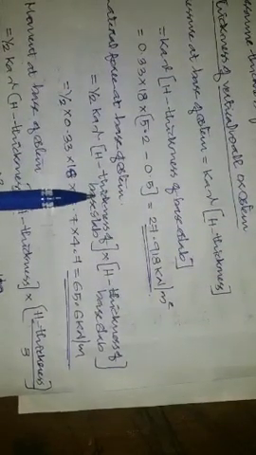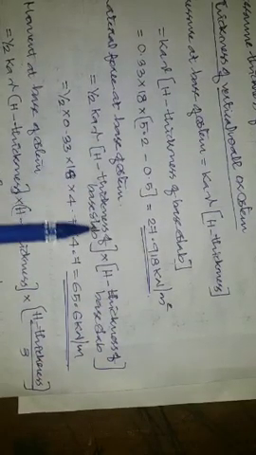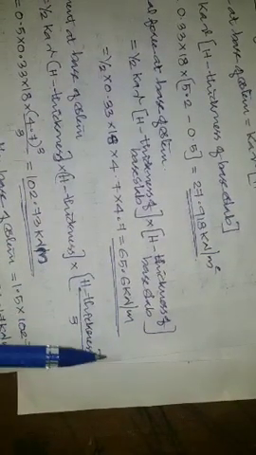Lateral force at base of stem is equal to half Ka gamma into H minus thickness of base slab into H minus thickness of base slab. We get the value of the height of the backfill from here, which is equal to half into 0.33 into 18 into 4.7 into 4.7, which is equal to 65.6 kilonewton per meter.